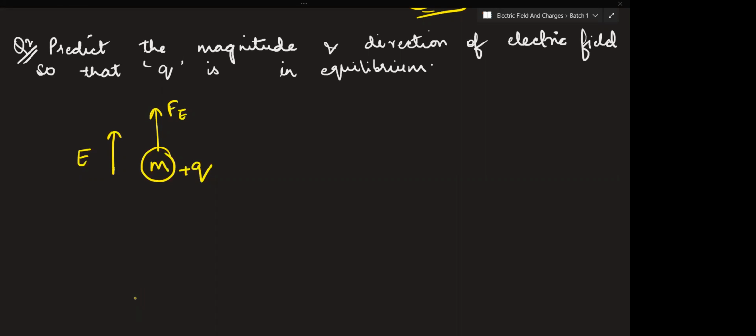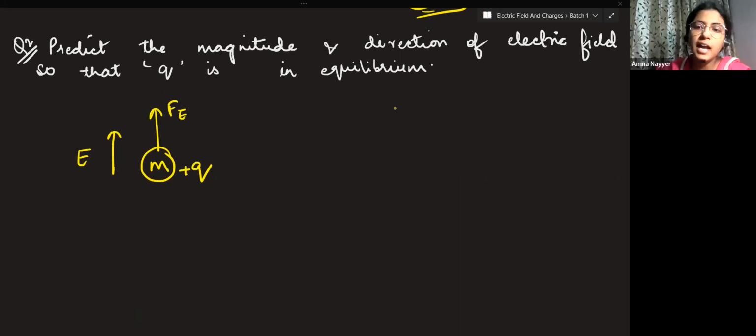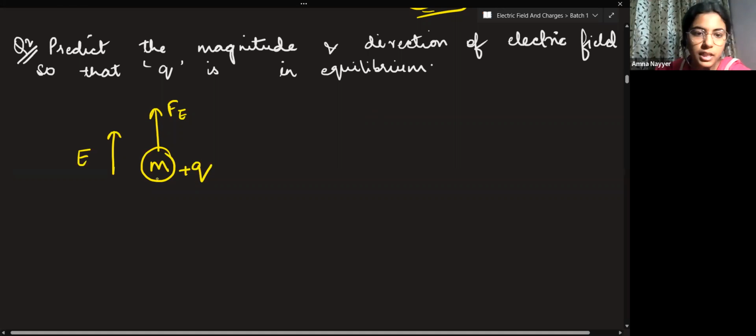Gravitational force. See, gravitational force will also occur. Yes, Hania, correct. It will be gravitational force. Gravitational force will be directed downwards and its value will be mg. So these are all the forces acting on this charge, whose mass is m, whose charge is plus q.